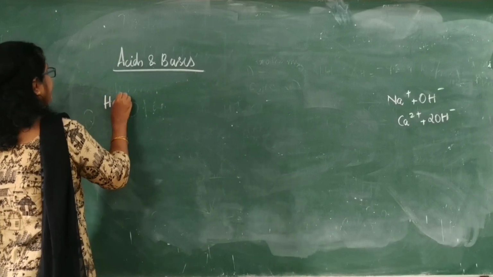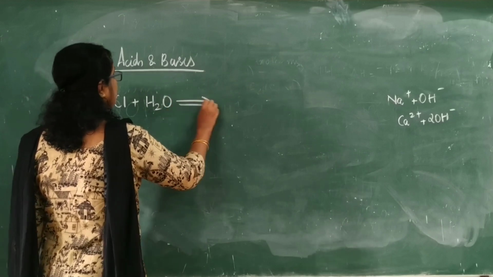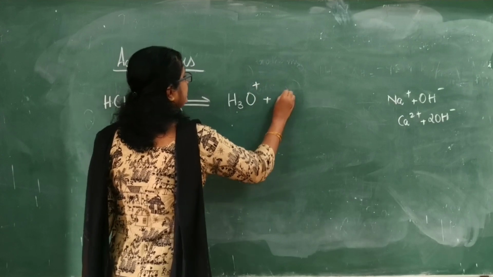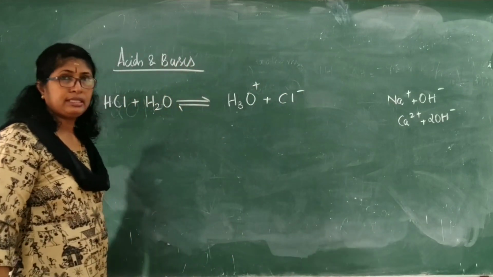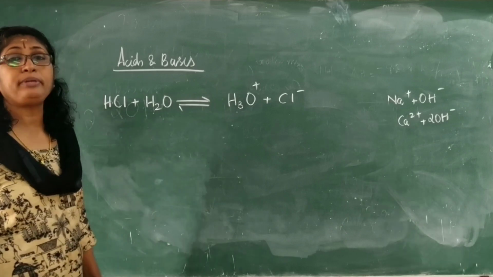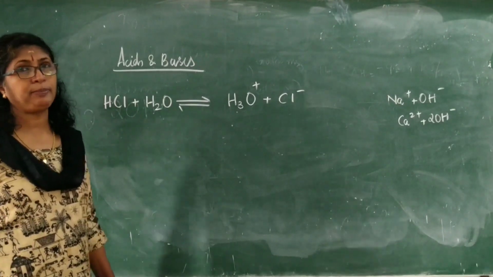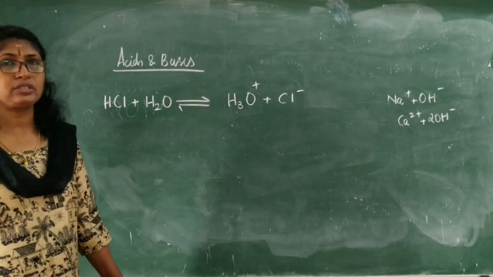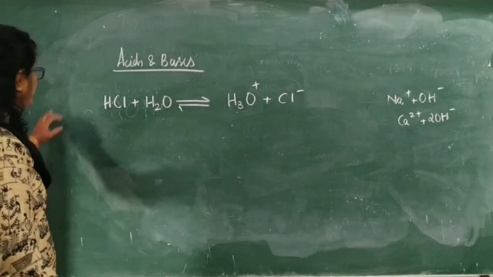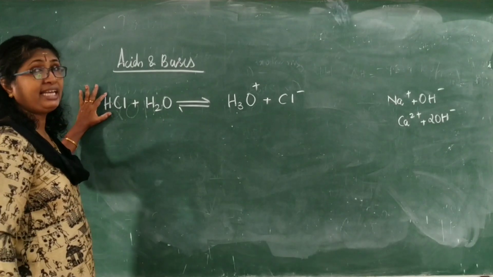For example, HCl plus H2O gives H3O+ and Cl-. HCl liberates a proton. Proton means H+ ion. A hydrogen atom has one electron and one proton. If one electron is lost, it becomes only one proton, so hydrogen ions are also called protons. So HCl donates a proton, so it is an acid.